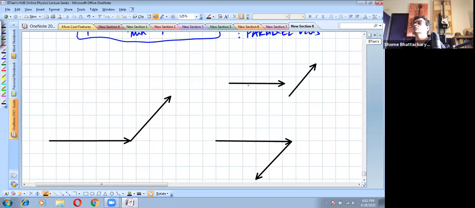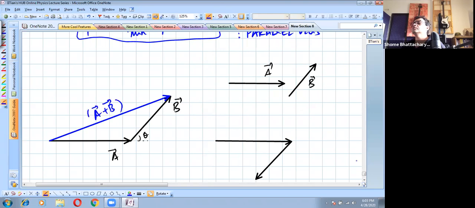So I'm making use of these two vectors A and B, but here I have drawn them head to tail like this. So what I've got on this side is the resultant sum of A and B. I've got A plus B.